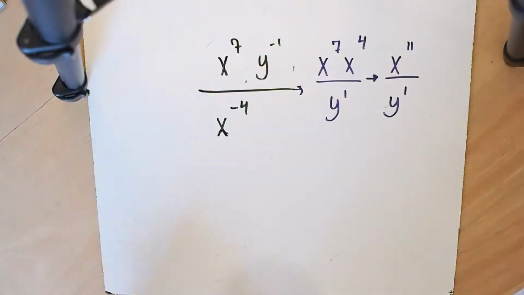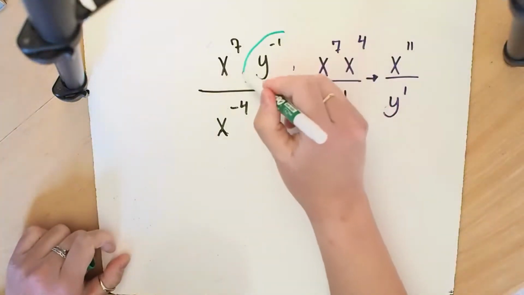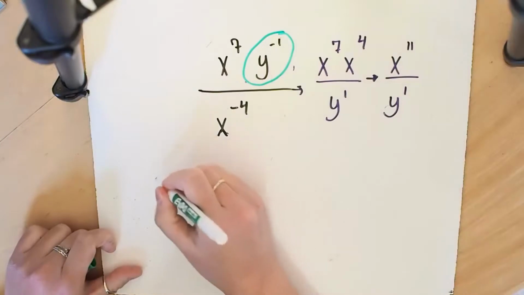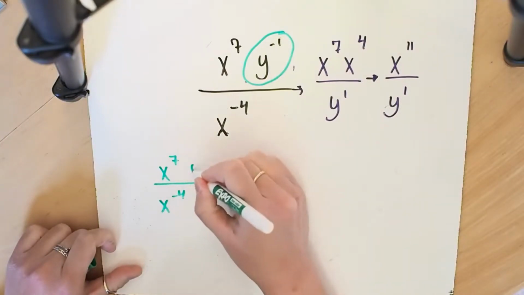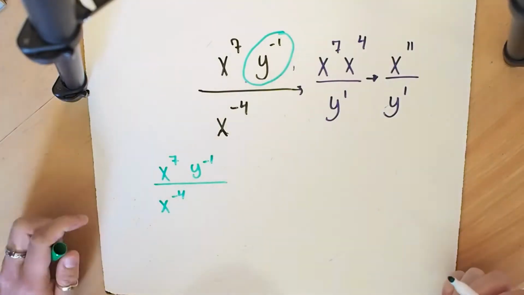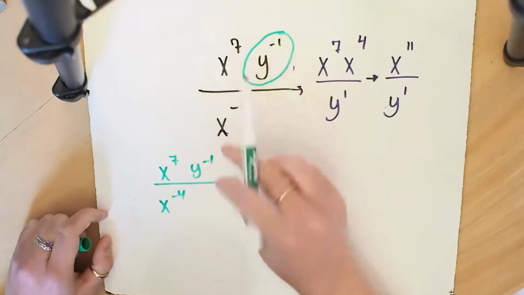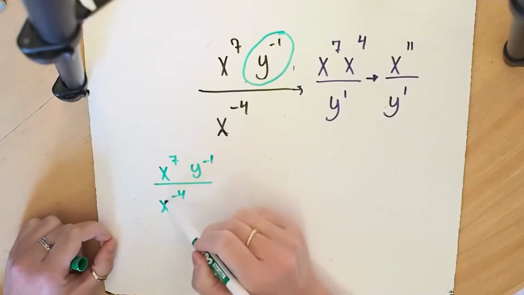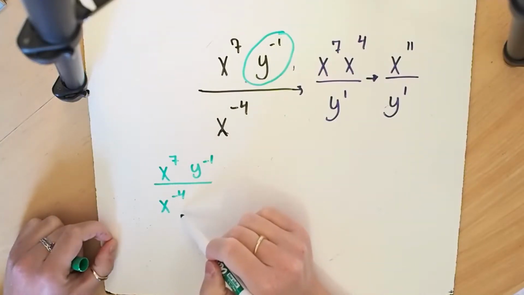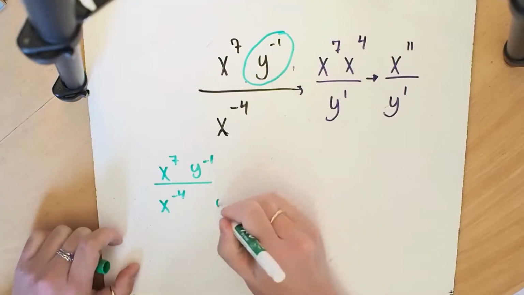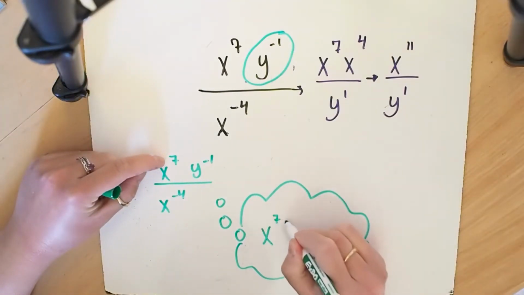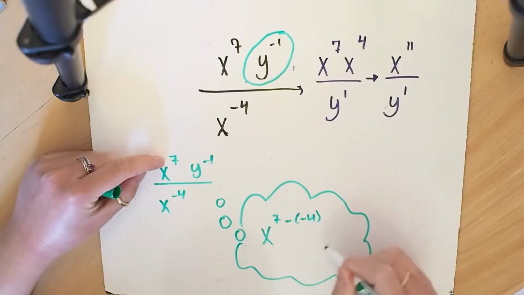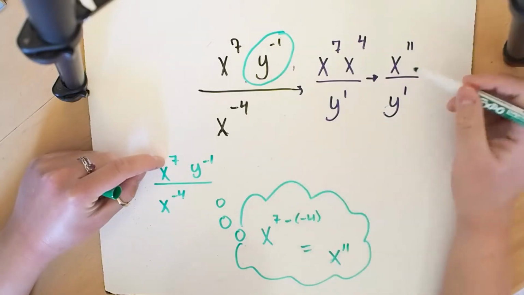The other way to do it is almost the same. We're going to say, okay, I want to make sure I flip that to the other side. So I have x to the 7th over x to the negative 4, y to the minus 1. What I could say with this is, using the quotient rule, I know that if I'm dividing exponential expressions that have the same base, I have to subtract the exponents, so I could say this is x to the 7 minus negative 4, which then equals x to the 11th, which is the same thing I got over here.